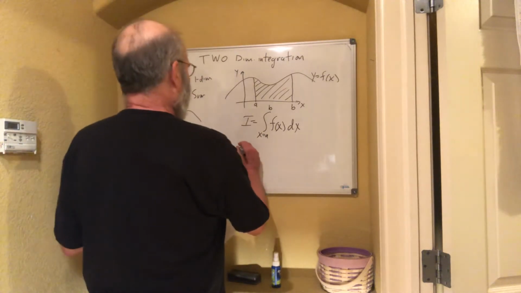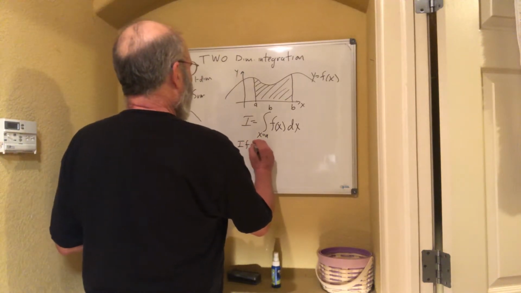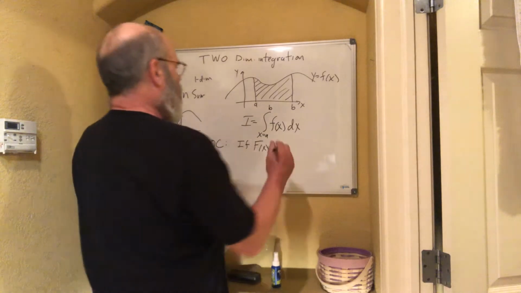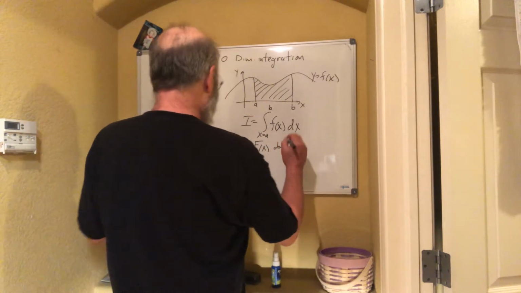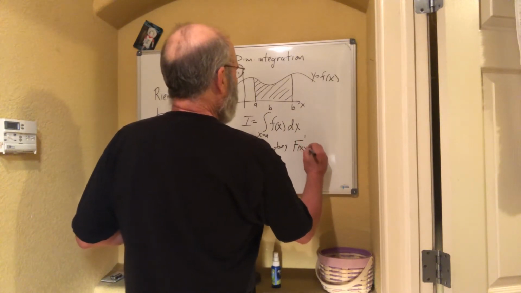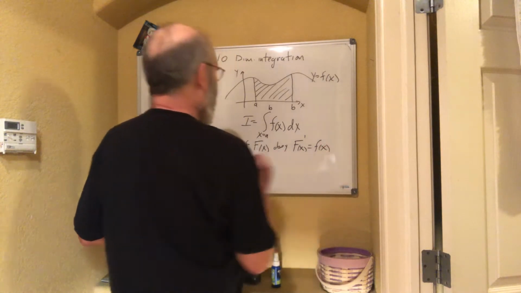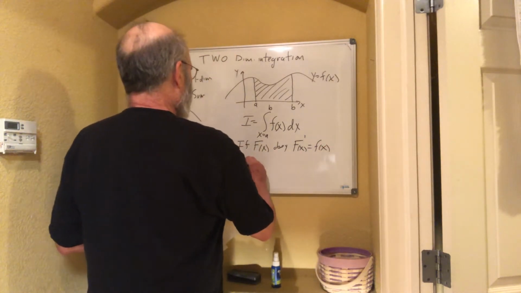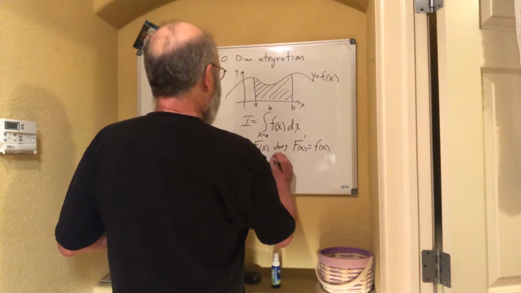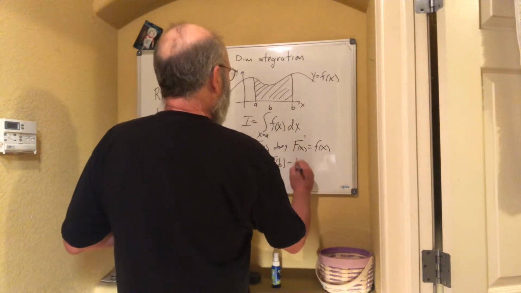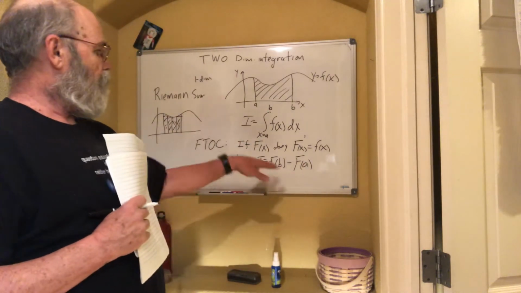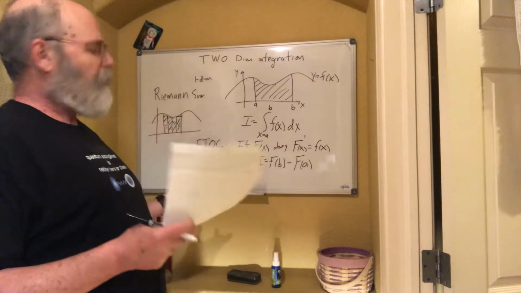Basically, if I have a function, say capital F of x, that happens to obey the anti-differentiation formula, meaning the derivative of this new function is the function I'm trying to integrate, then we know that the integral we're calculating just comes out to involve only the endpoints, the values of the antiderivative at those points.